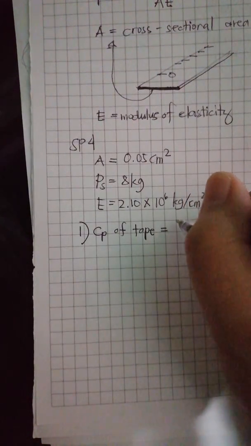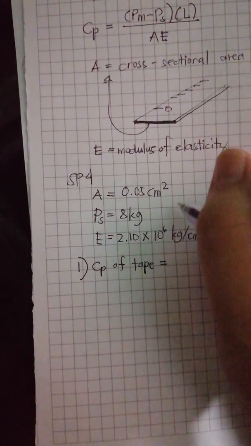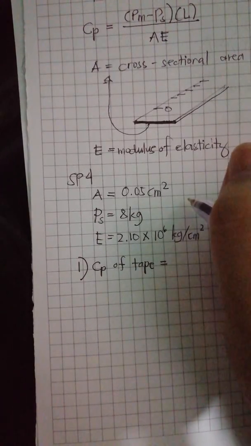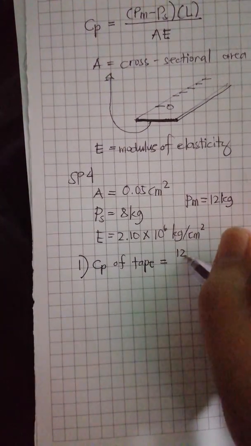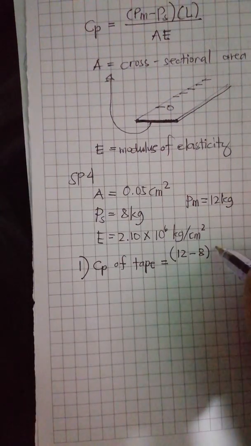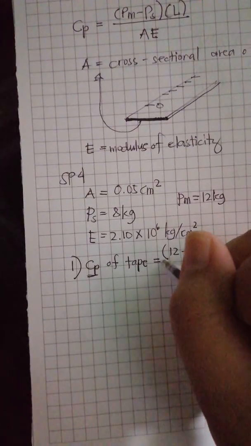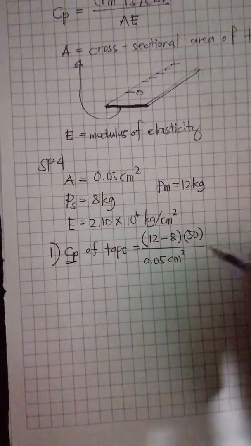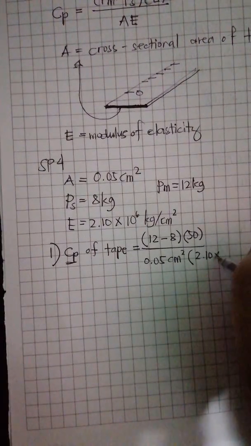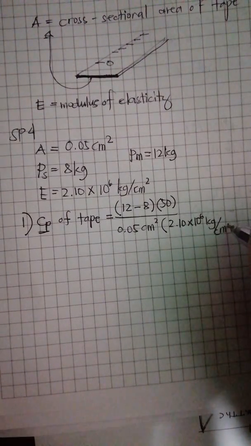So, since doon sa tape, yung PM natin, okay, given din pala, yung PM is given to be 12 kilograms. Okay, so PM minus PS times length of the tape, because we are trying to correct the tape, so of course, L will be the length of the tape, 50 over area, 0.05, tapos elasticity 2.10 times 10 raised to 6 kilograms per square centimeter.